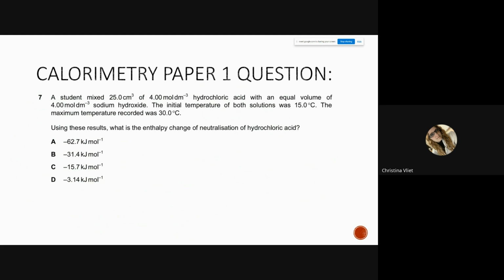We said Q was heat, and the unit was joules or kilojoules. So then what is enthalpy? I had mentioned it right at the beginning. It's actually the kilojoules per mole.